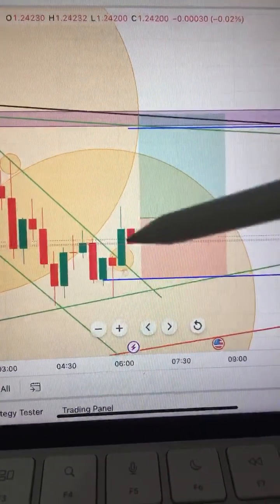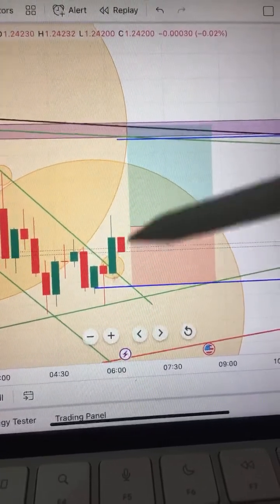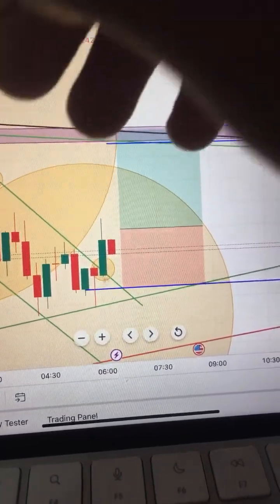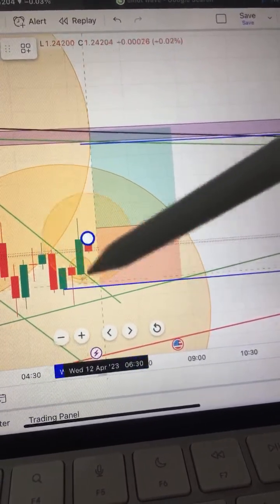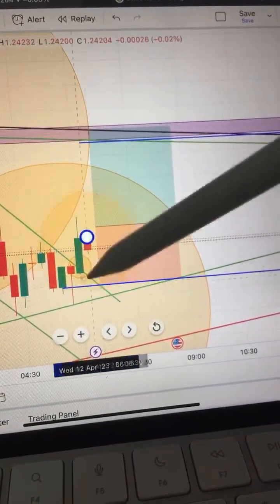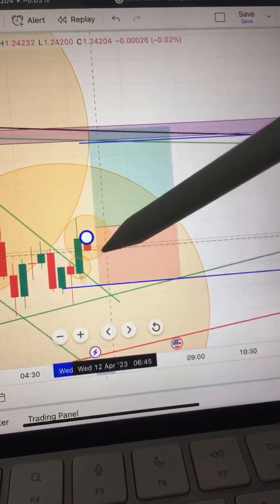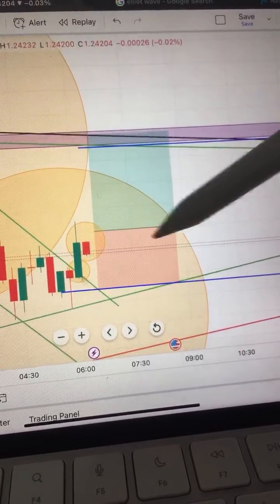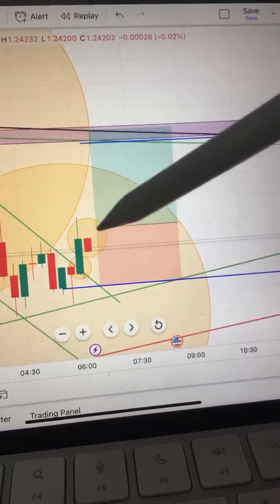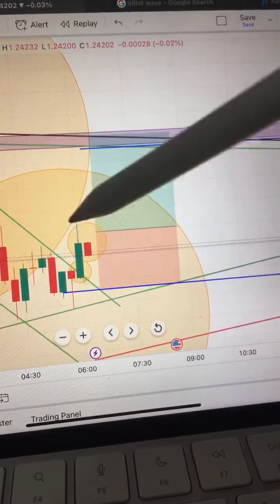Actually I should have entered after this candlestick is done forming, so it should not touch this trend line right here. It should be done by 15 minutes after, and I was supposed to enter after this candlestick.